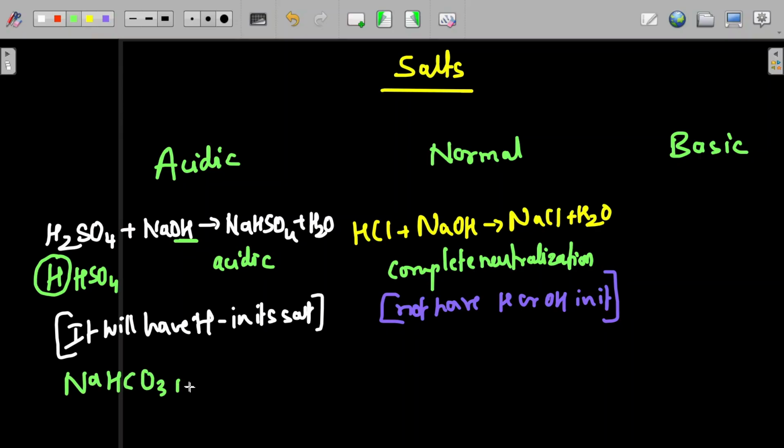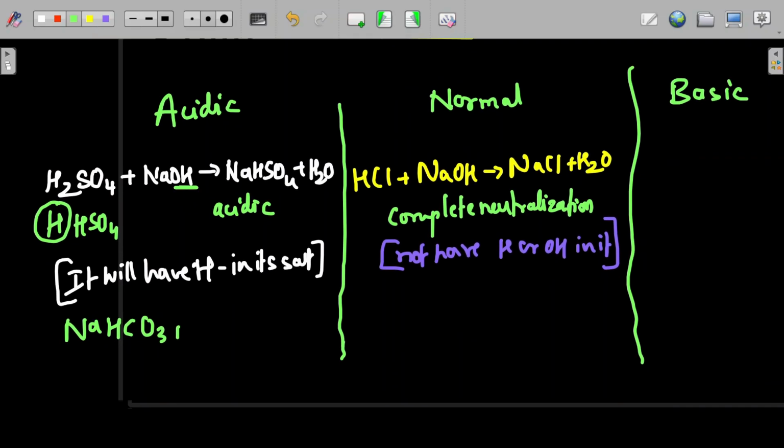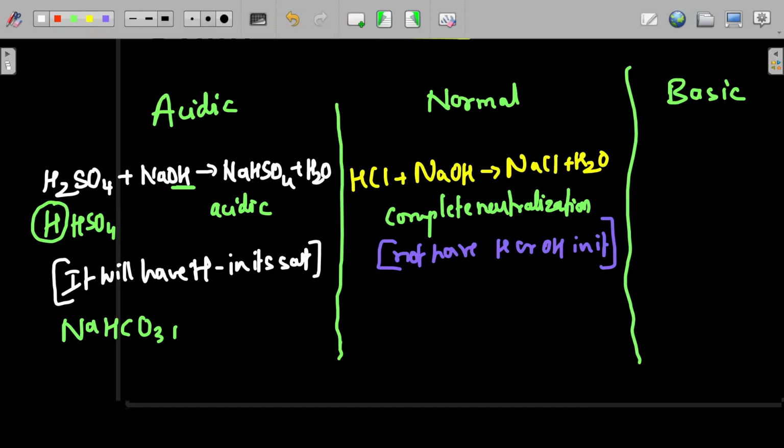The preparation of HCl is also by acidic salts, right? Like it's a byproduct. See, salts can be formed in any kind of reactions.